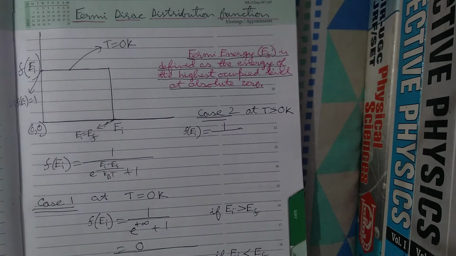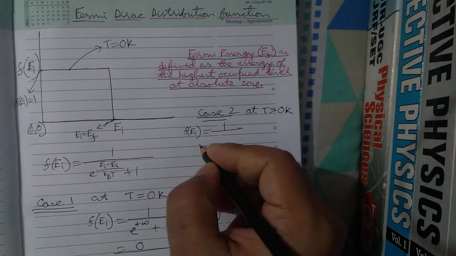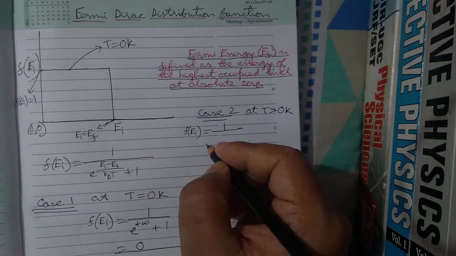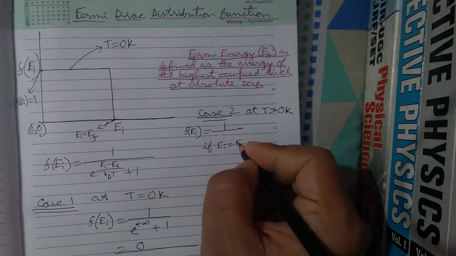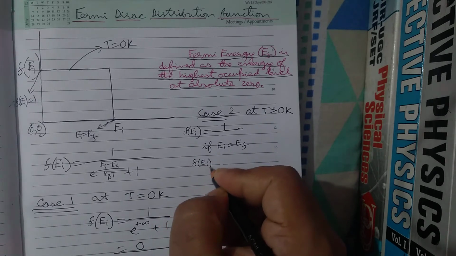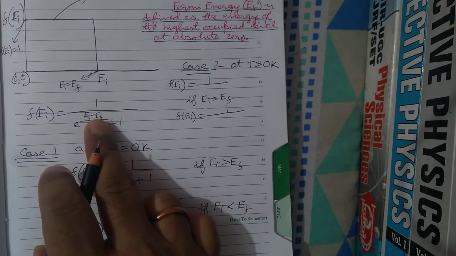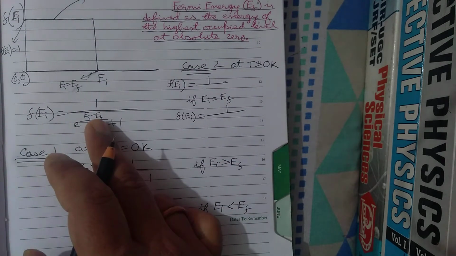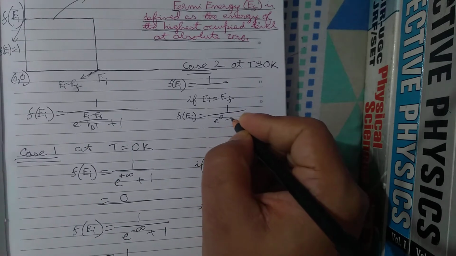Now here, say at T greater than 0 Kelvin, if Ei is equal to EF, then what will you get? F(Ei) will be 1 by e to the power of 0 plus 1, since Ei equals EF makes the exponent 0.